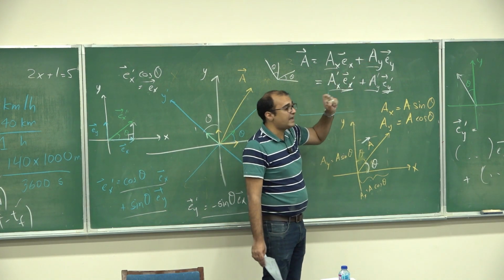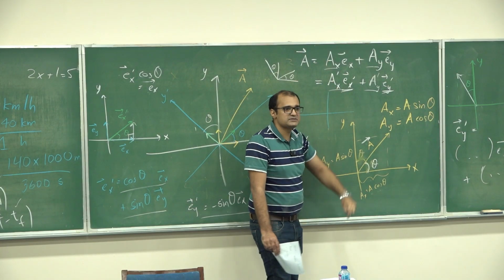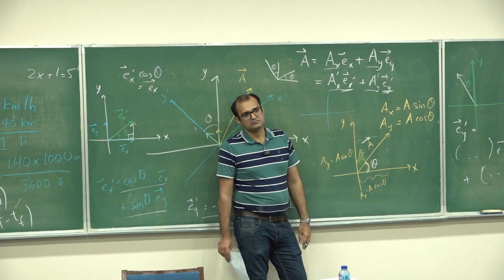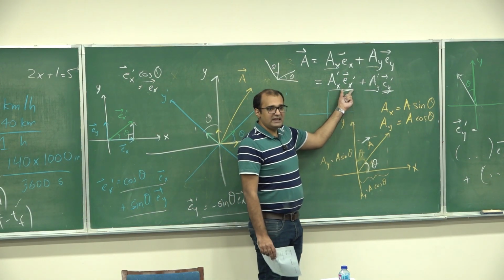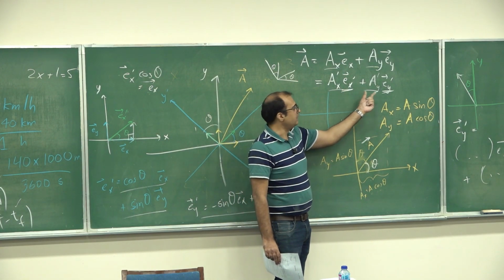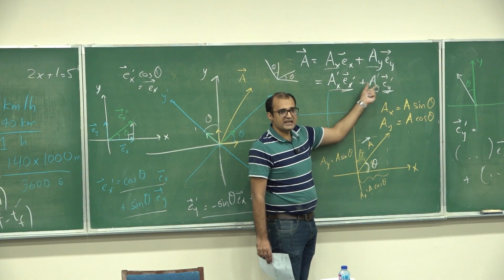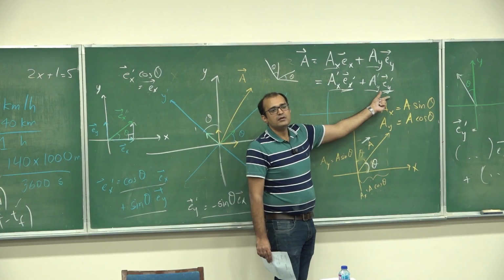इधर आप देखो, इधर आप क्यों नहीं इधर कह सकते थे कि AX is equal to AX prime? Because the unit vectors are different. But now if you plug in for EX prime in terms of EX and EY, EY prime in terms of EX and EY, now everything over here is going to be expressed in EX and EY.